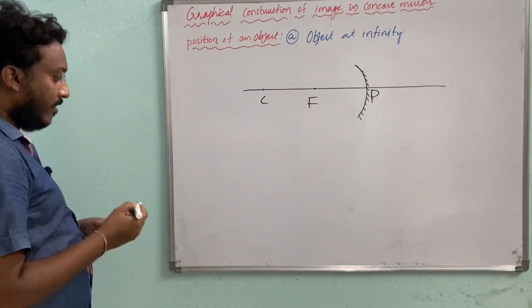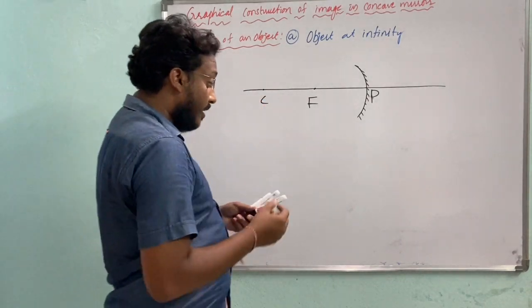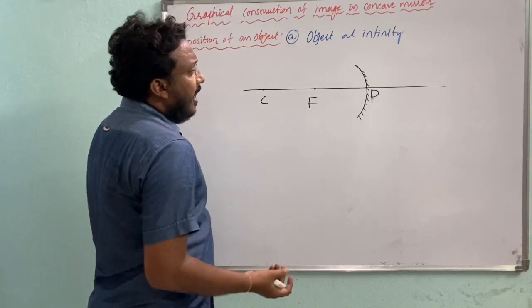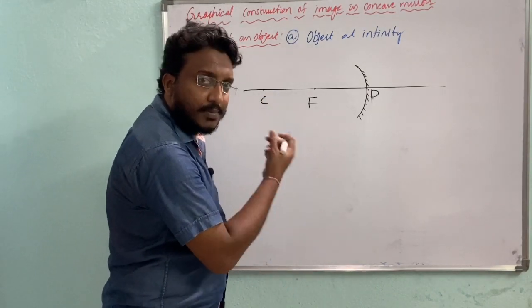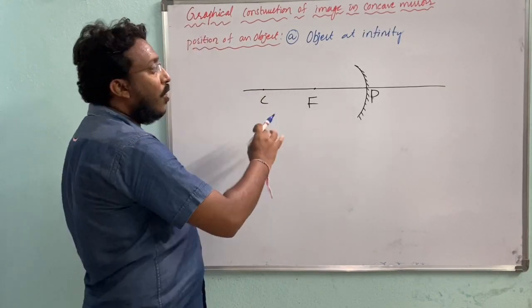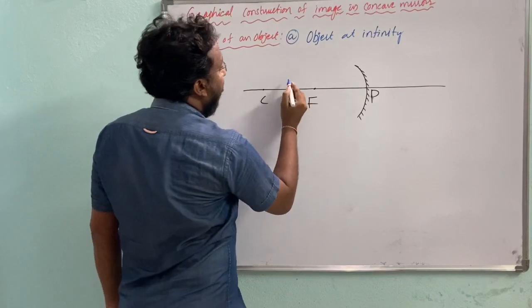In the first case, if the object is at infinity, a beam of light parallel to the principal axis falls on the concave mirror, right?